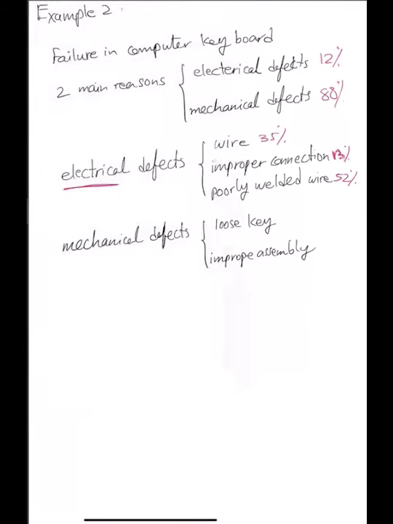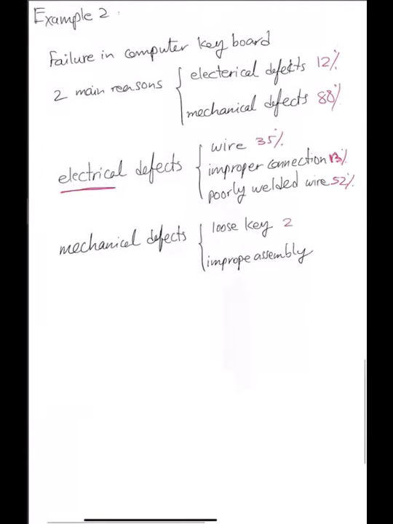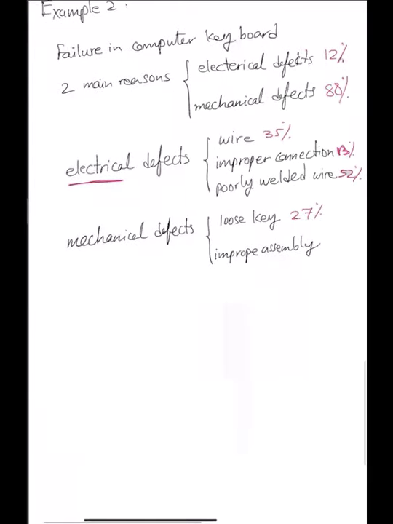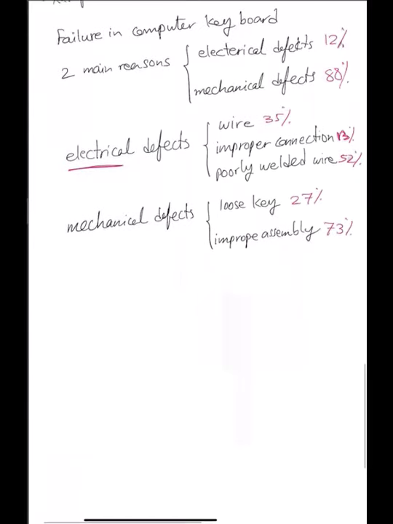And we also know that of mechanical defects, 27% are because of the loose key and 73% are because of improper assembly. So then, these are the questions I have.